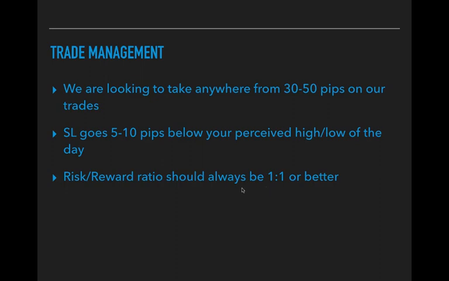That means you need to win more trades than you're losing, and that would be bad. If your risk reward ratio is 1 to 1, at least you're always getting a 1 to 1 trade off, and you don't have to work as hard. It's best to have 2 to 1 or 3 to 1, and with the way we have these setups, you're usually going to get 2 to 1 or better.